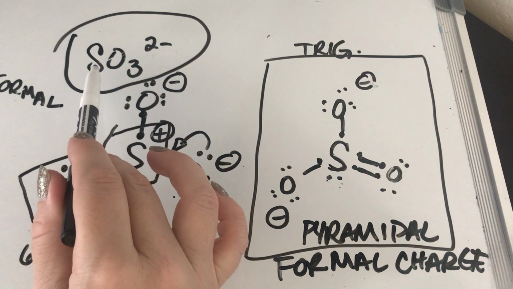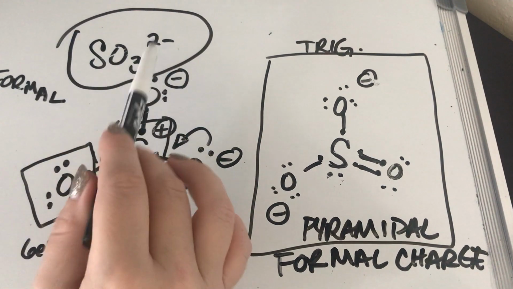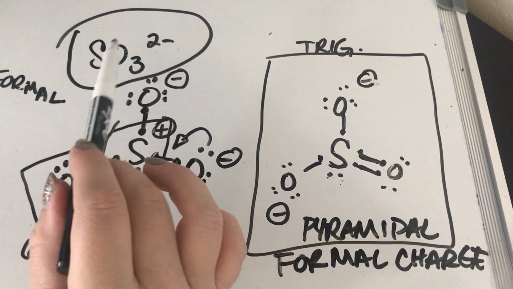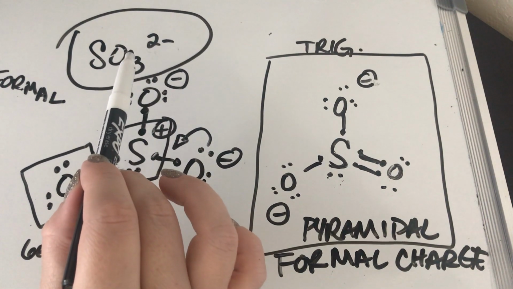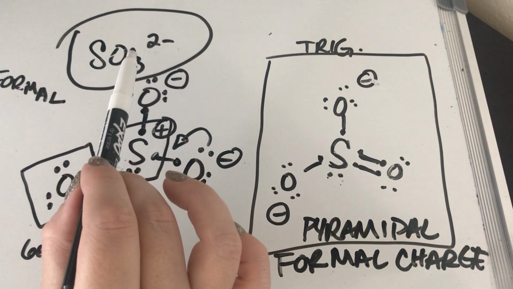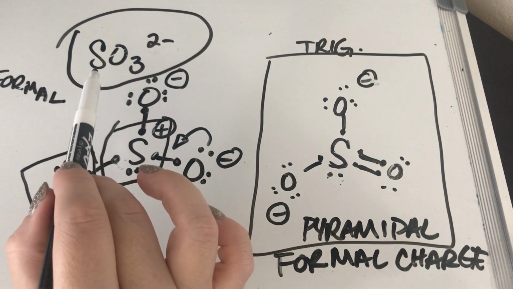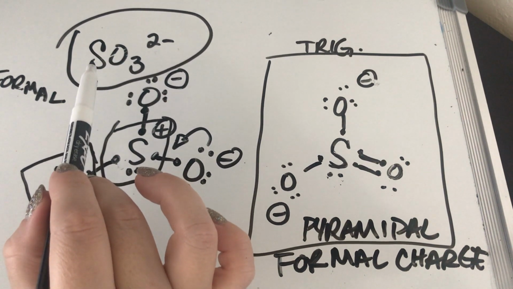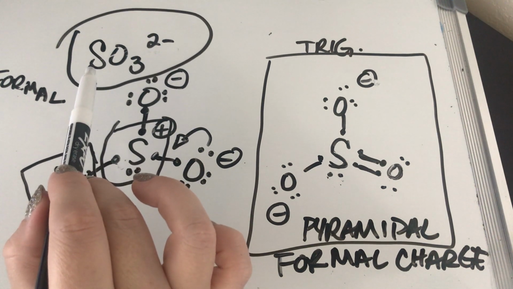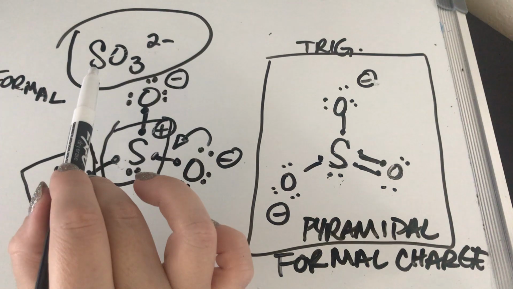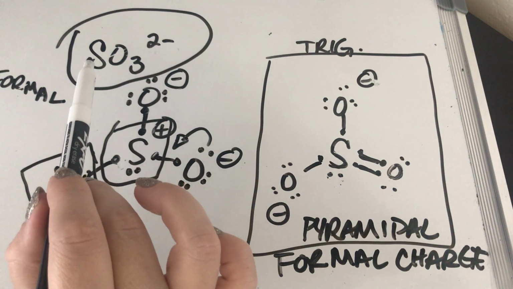Not the name, but what is it in terms of, is it a molecule? Covalent bond? There are covalent bonds there, but I'm looking for a word that starts with an I. Ionic? Ion. It's an ion, right?